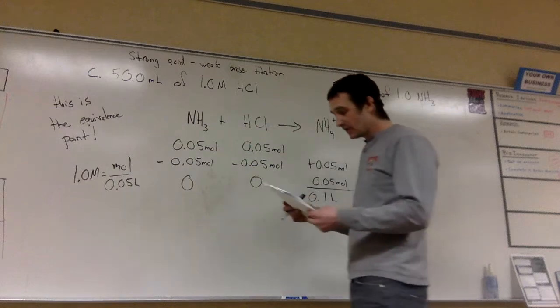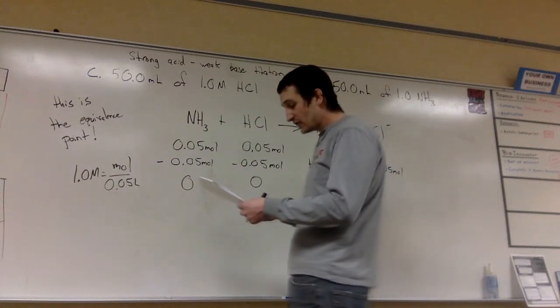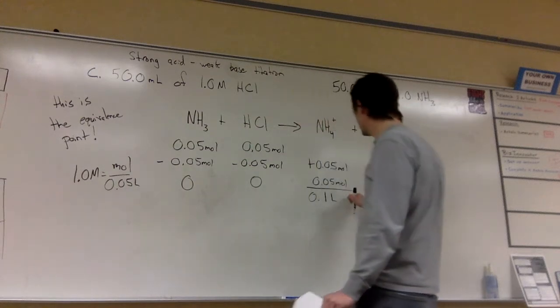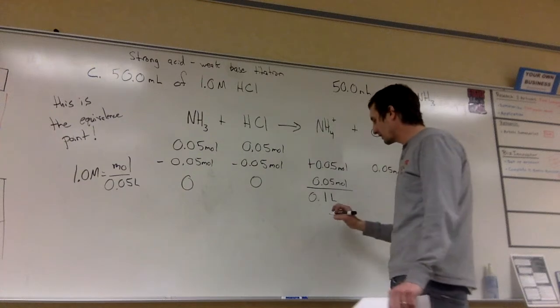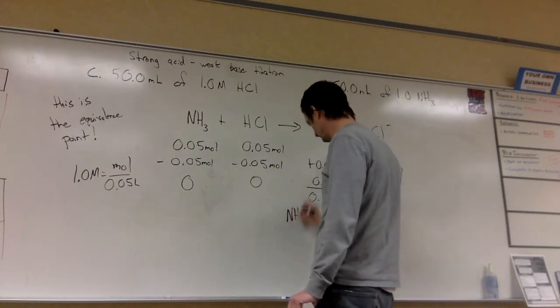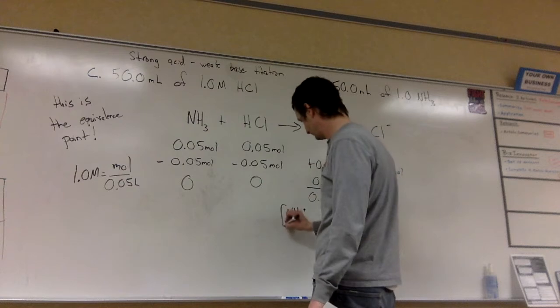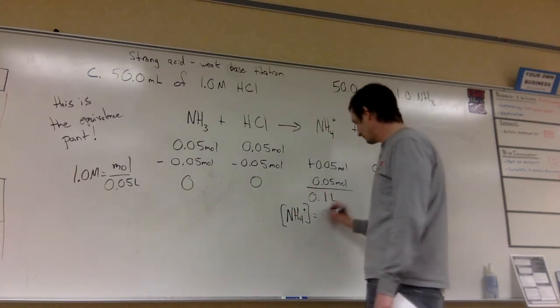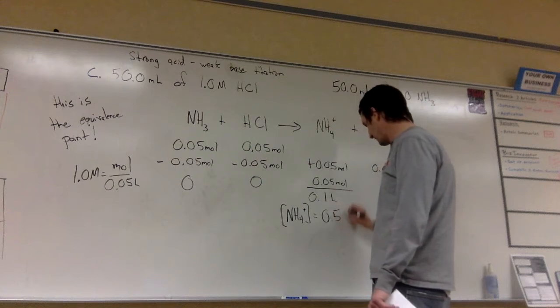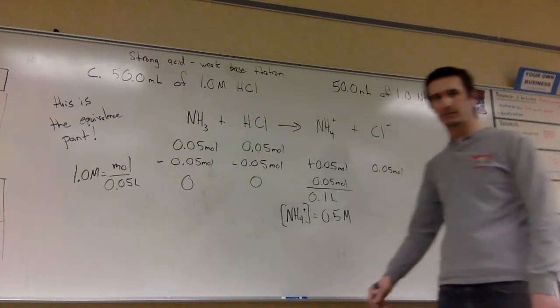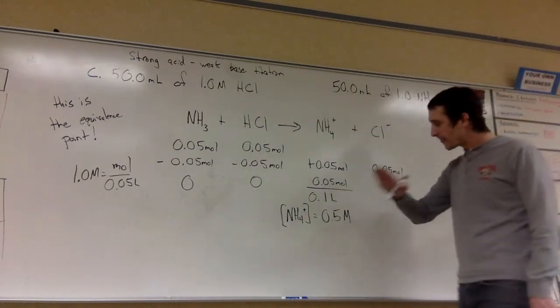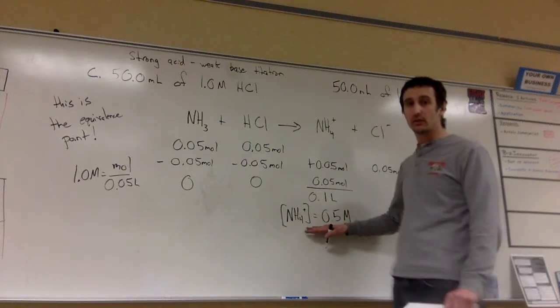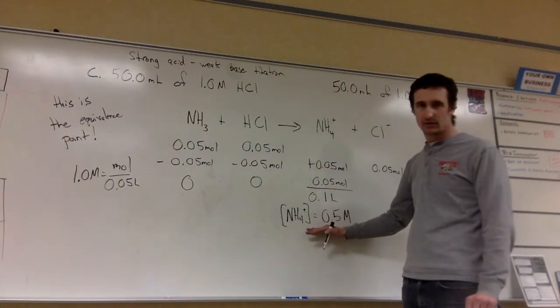So what I've done is calculated the concentration of the NH4 plus. So that equals 0.5 molar, right? And again, that 0.5 molar is ultimately going to be what determines the pH.